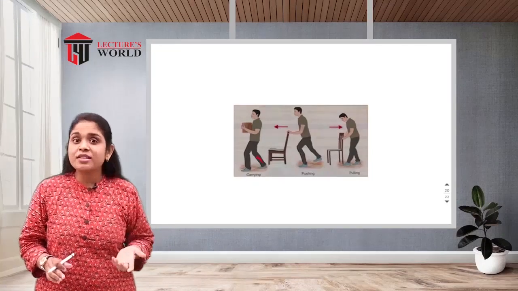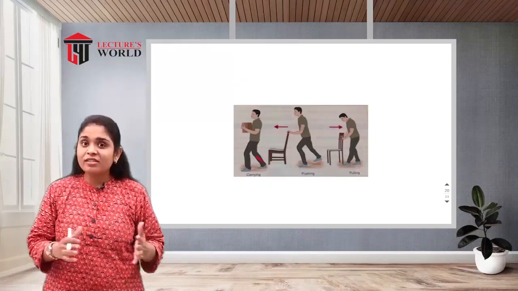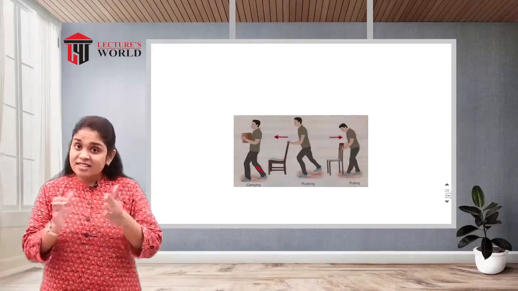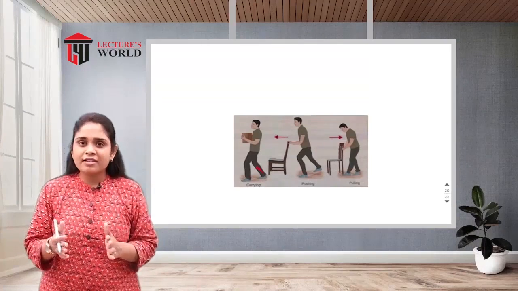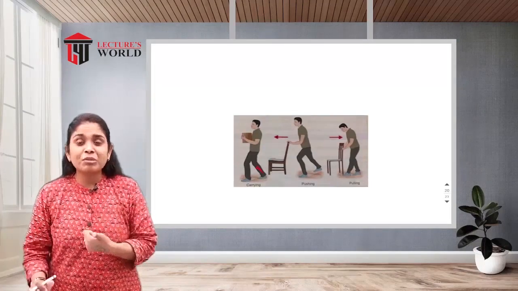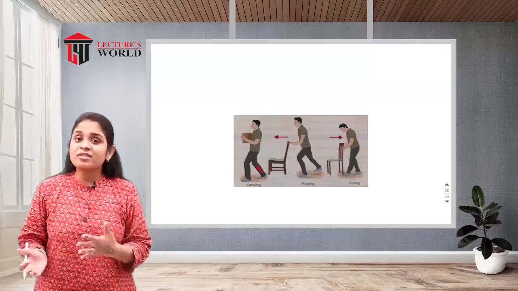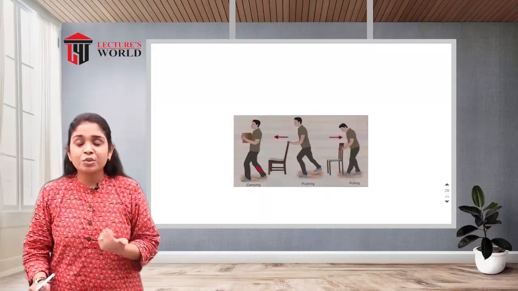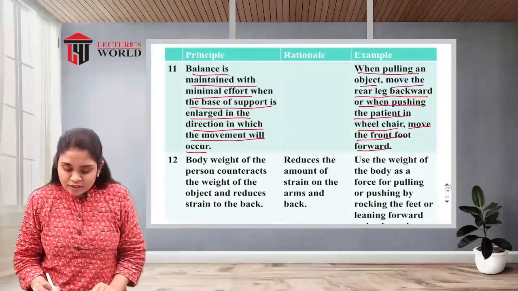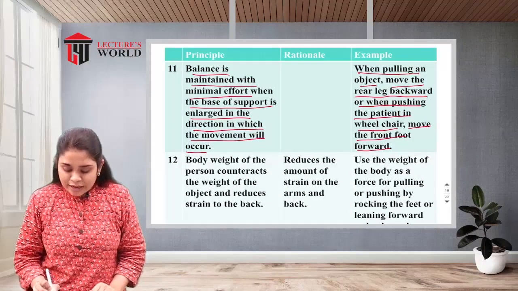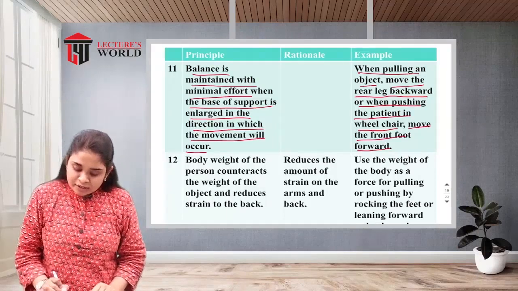Make sure you're using that also while doing some activity. So that distance also has to be proper. If you're keeping very little distance, then the strain will be more. If you're keeping more distance, then also it will use more strain.